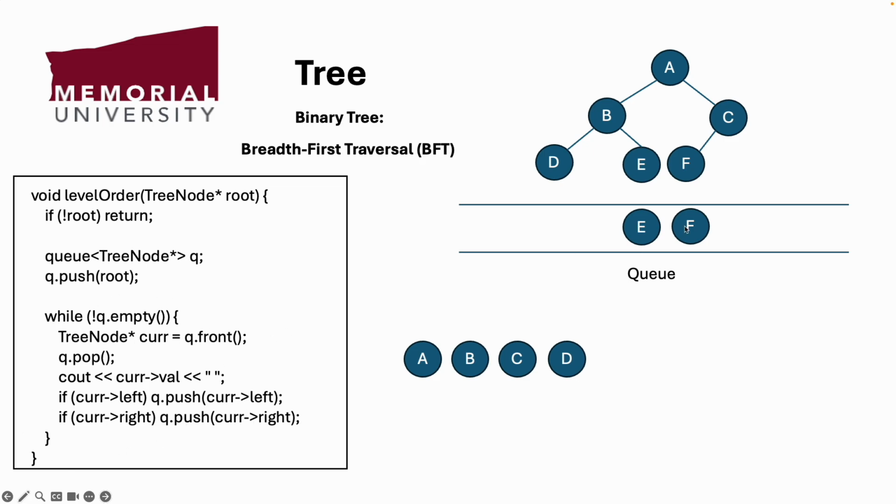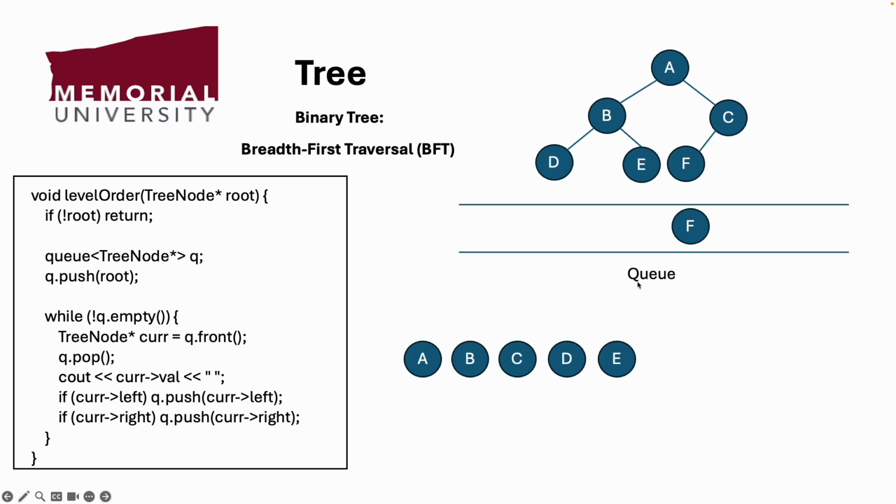The current node points to the node E. Node E is popped from the Q and displayed here. Node E is also a leaf node, it doesn't have any children.